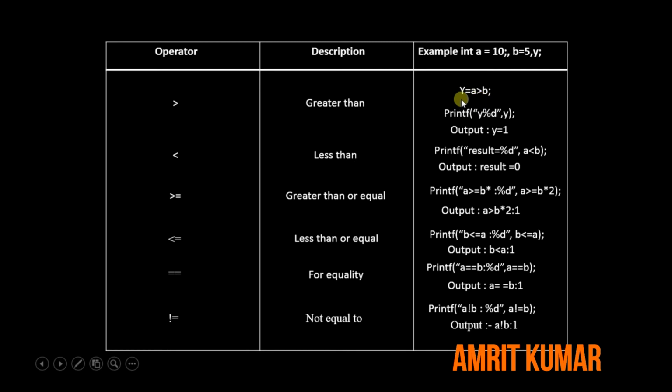So here y is equal to a greater than b, with a equal to 10 and b equal to 5. 10 is greater than 5, therefore it returns a true value and returns 1 into the variable y. If we print the variable y, it is going to give y is equal to 1, because the condition is true.